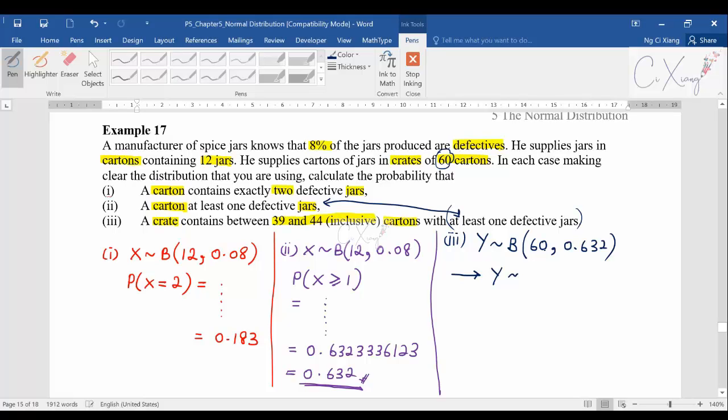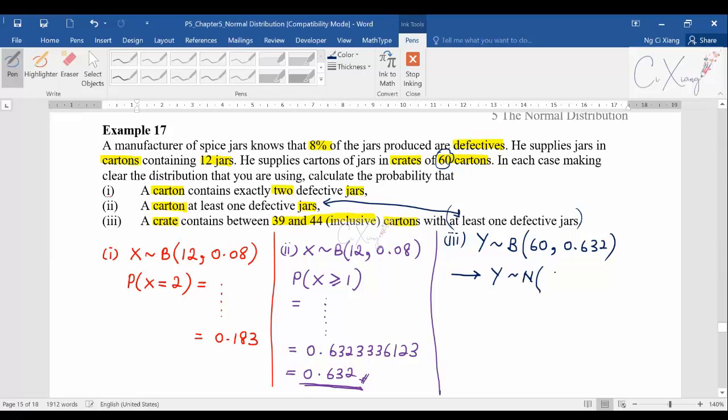Okay, first condition fulfilled. Try np. When you multiply these two values together, more than 5. Second condition fulfilled. You try nq also more than 5. So the third condition fulfilled. It means for this question, you can change it to become normal distribution.